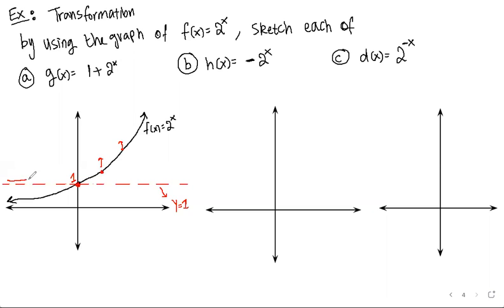So the graph will be something like this, going up like that. This point now is 2. And my horizontal asymptote is y equal 1. So this is g of x.